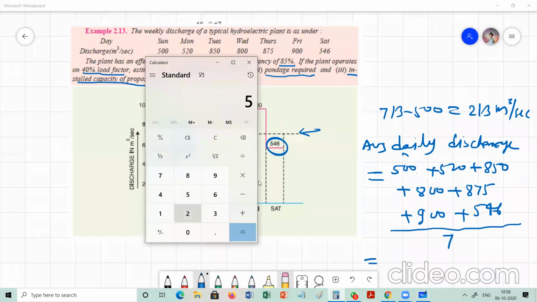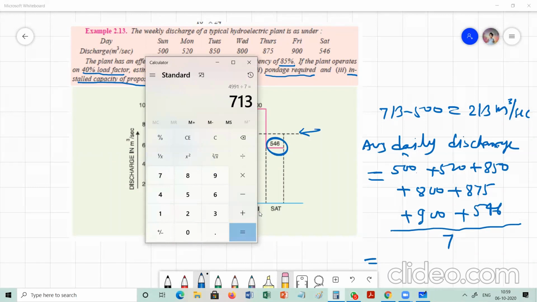I will calculate here: 500 plus 520 plus 850 plus 800 plus 875 plus 900 plus 546, divided by 7.